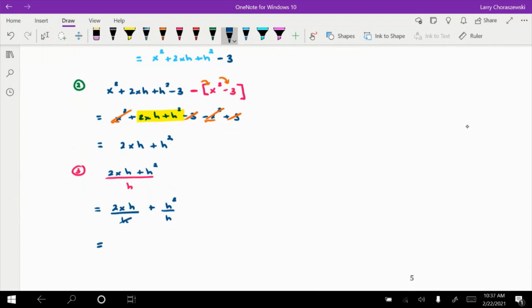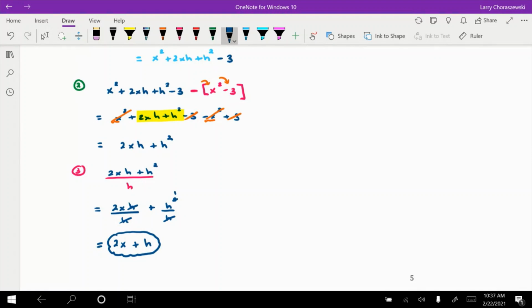In the first fraction, the h's cancel, leaving us behind 2x. And then with the second fraction, division by h is going to reduce the power of 2 to a 1. And so we get something left over with that, and that would be just h to the first power. And that's about as far as we could go. No like terms, no further division.